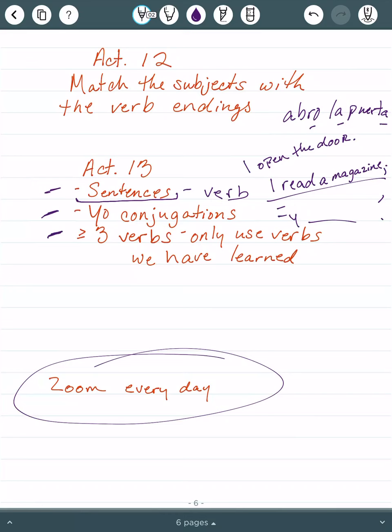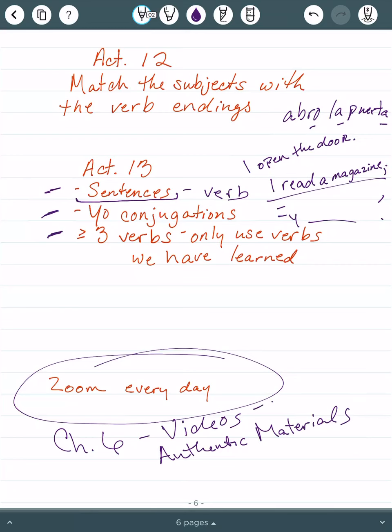Also keep in mind in your table of contents, if you will open up chapter 6, there are videos, there are authentic materials, just lots of other resources in there that you can look at. If you're struggling with ER and IR verbs, I know there's an ER, IR verbs video in there.